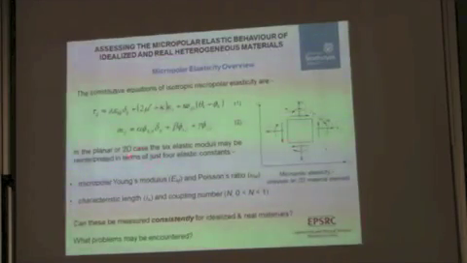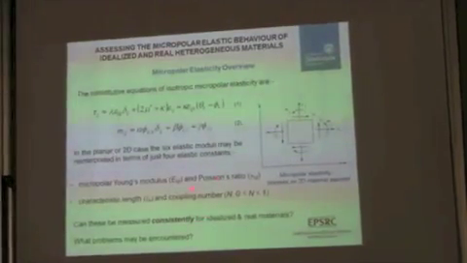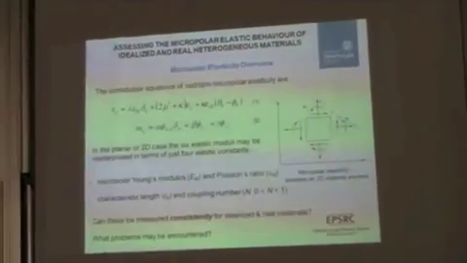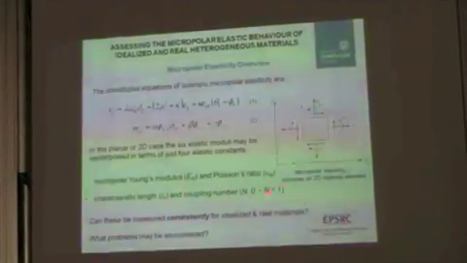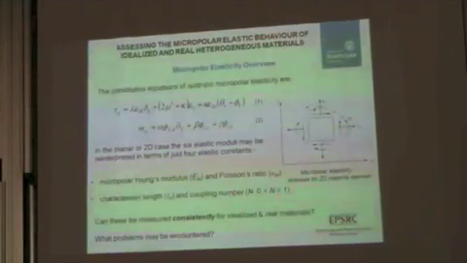We've really restricted ourselves to the planar or 2D case, and what you can do is take the 6 elastic moduli that you have in the general theory and reinterpret them in terms of a Young's modulus and a Poisson's ratio, which correspond to their classical Cauchy counterparts, and then you've got a length scale parameter associated with the couple stresses, and then this other dimensionless parameter, the coupling number, which must lie between 0 and 1.